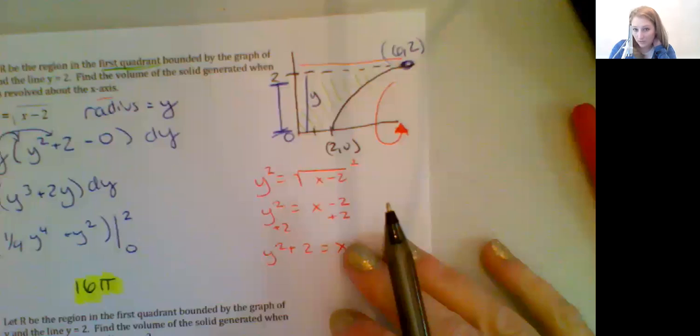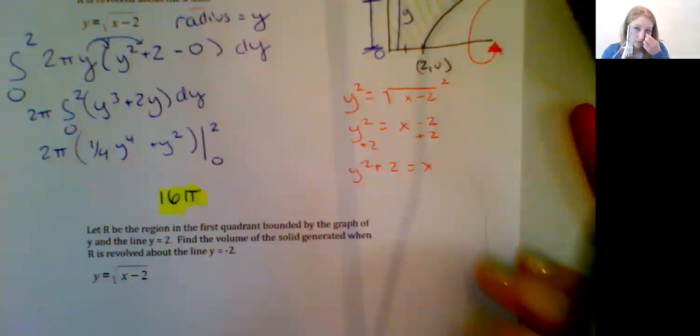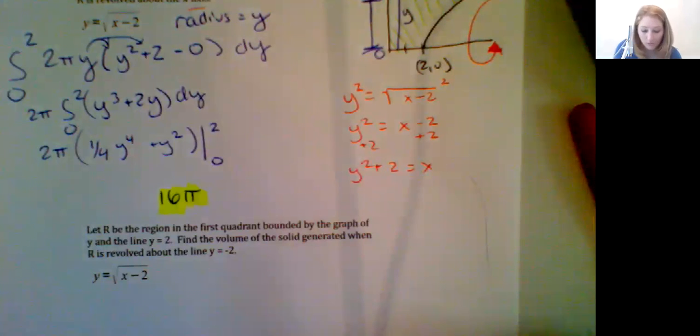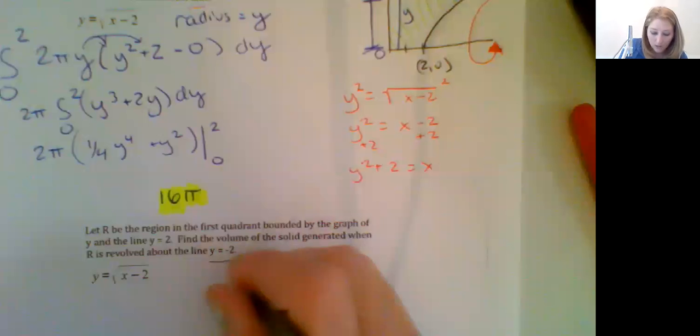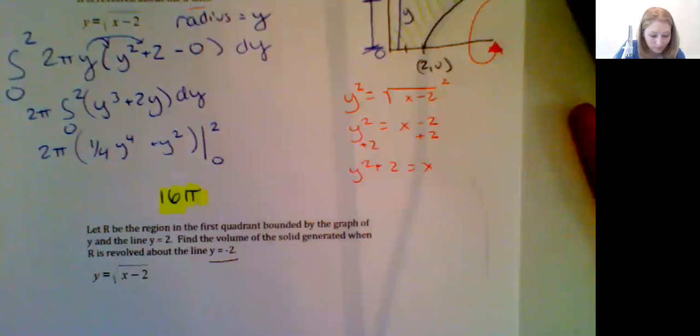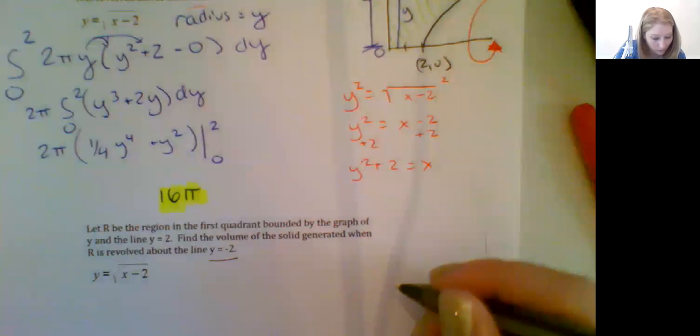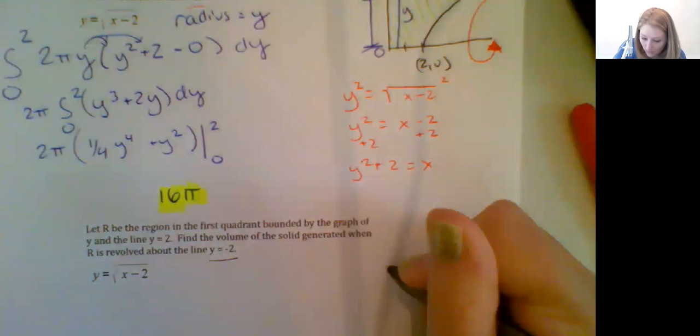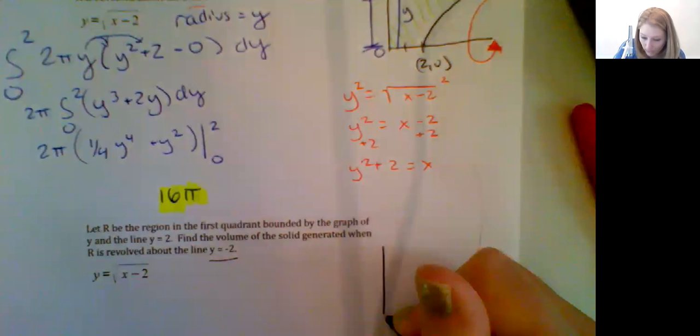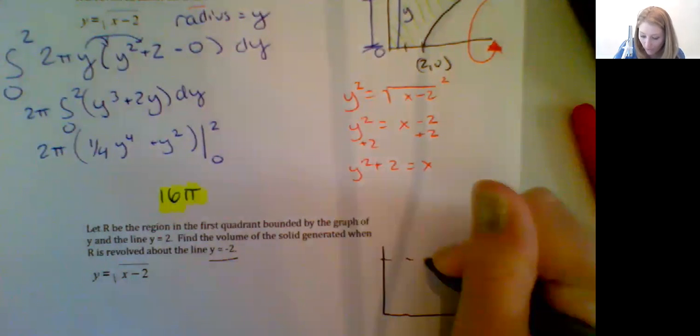This next example is really, really similar, except for the next example, we are now going to be rotating around the line y equals -2. So this is going to look like a really similar picture to what I drew on the last example.